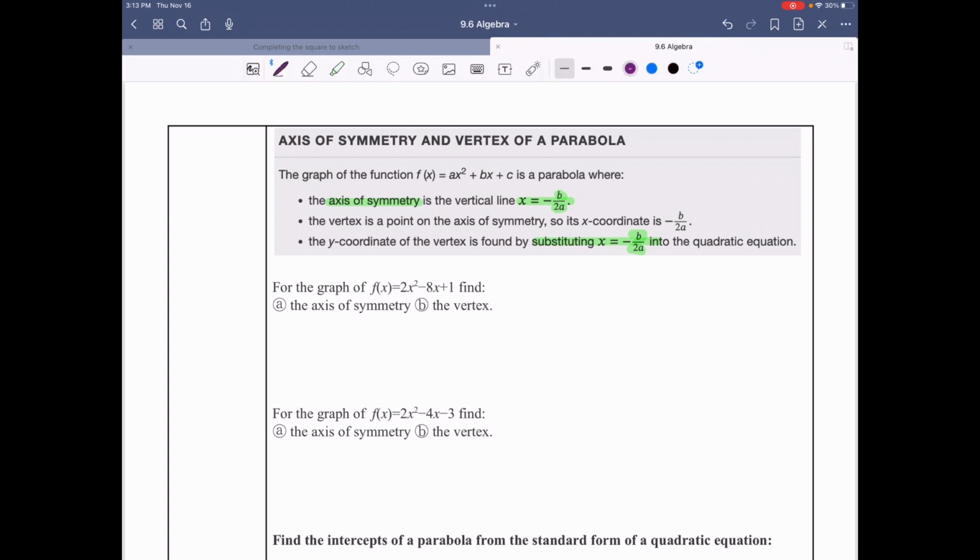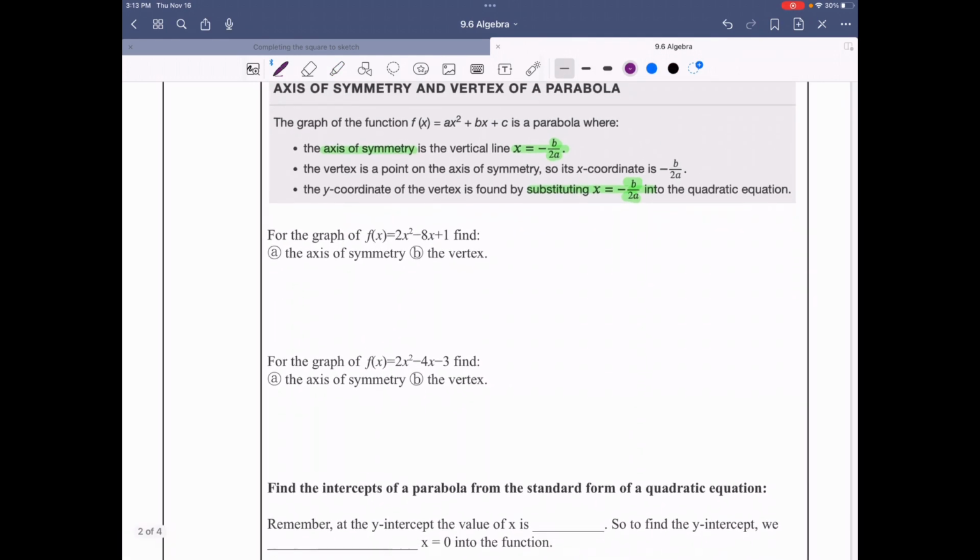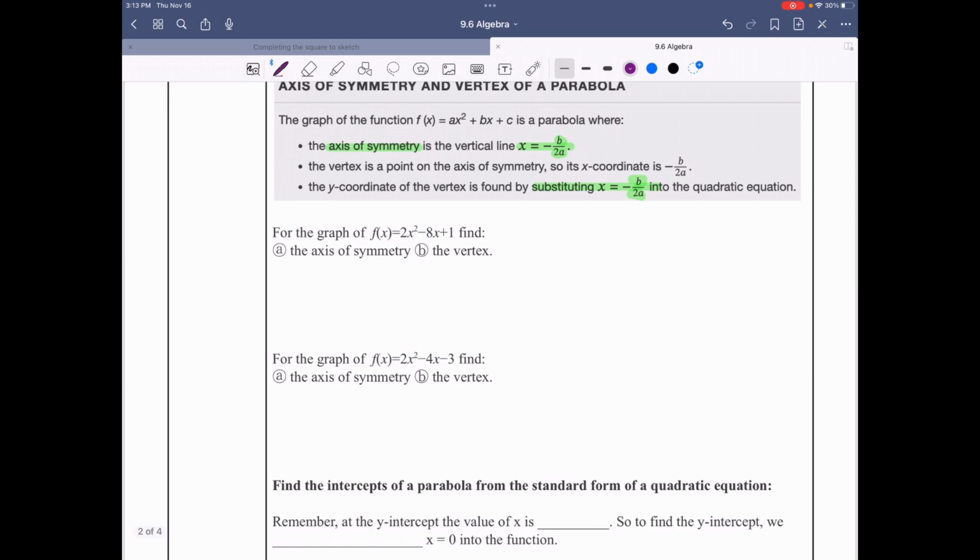Let's apply that concept right now. For the graph of f of x equals 2x squared minus 8x plus 1, find the axis of symmetry and the vertex. All right, we are going to use the axis of symmetry formula. x equals -b over 2a. Plugging into that, we have -(-8) over 2 times 2.